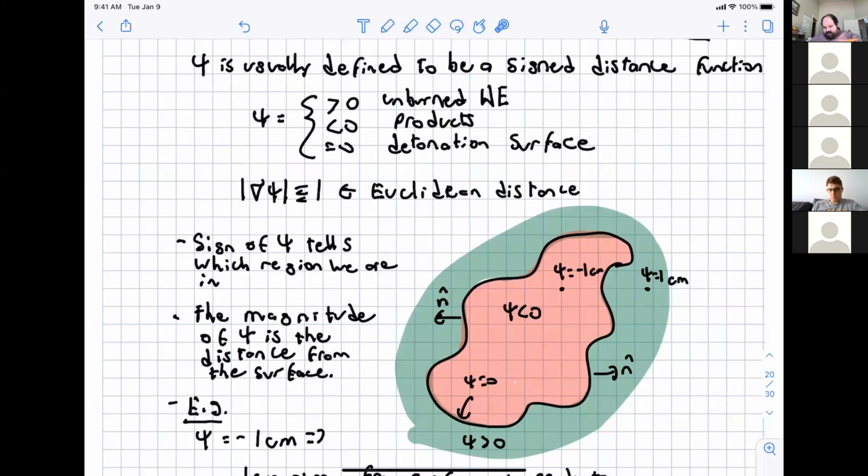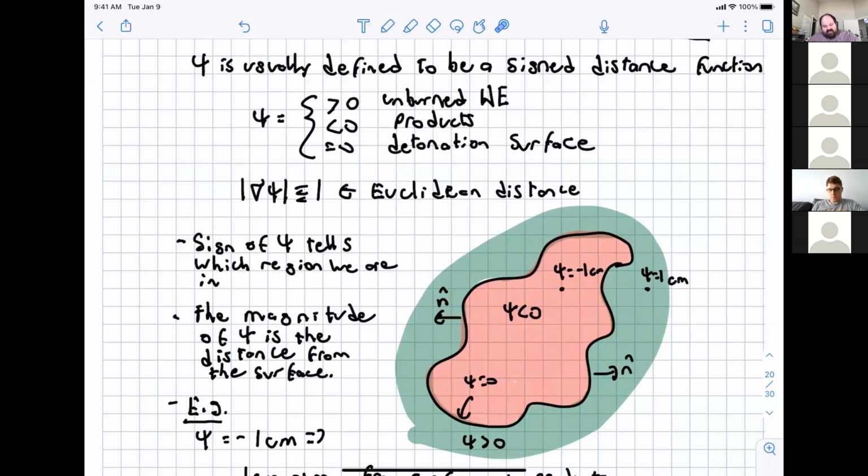Now we know it's negative here and positive here, and 0 on the detonation surface. But now we're going to be taking gradients of this and curvatures and all sorts of things. Because we could define this function to be -1 here, +1 here, and 0 here everywhere, that works. But it would be really hard to solve that equation accurately.